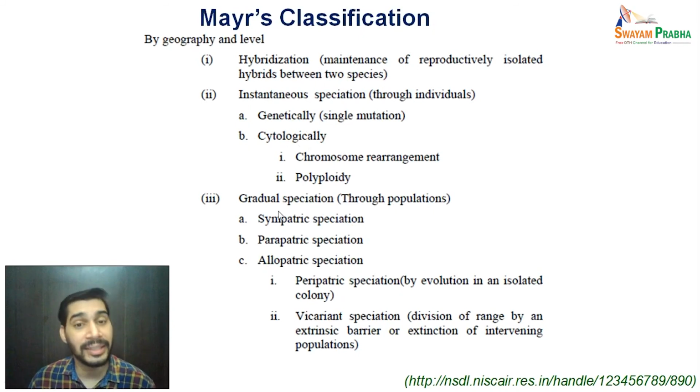The third category is gradual speciation, which means they occur through populations. There they have listed sympatric speciation, parapatric speciation, and allopatric speciation by peripatric and vicariant speciation. This is another classification system which has been given by Myers.